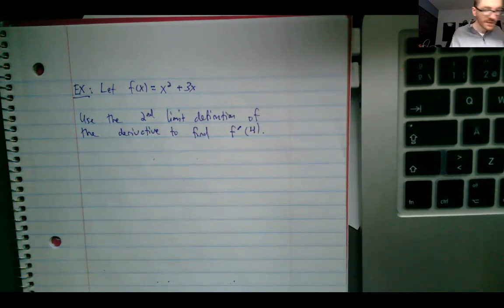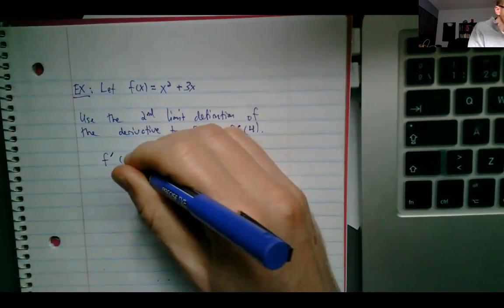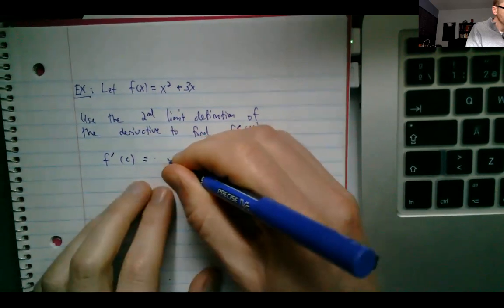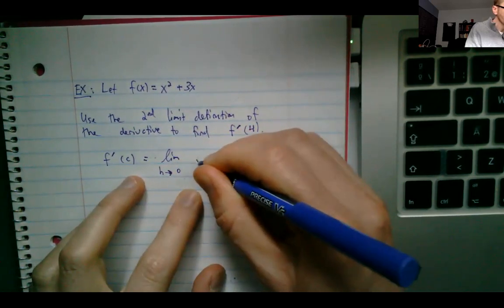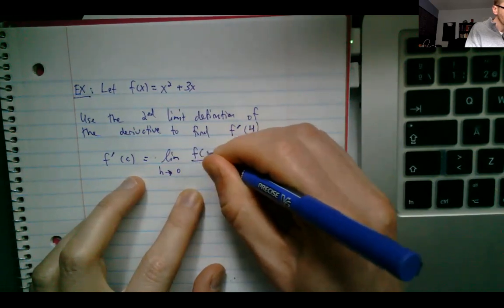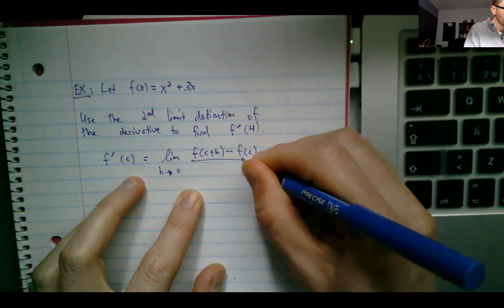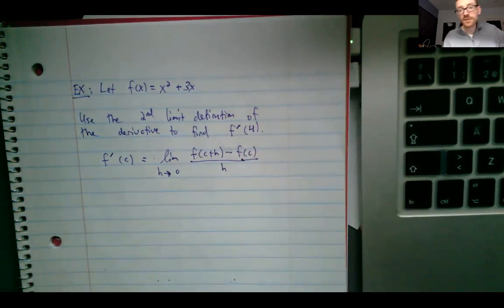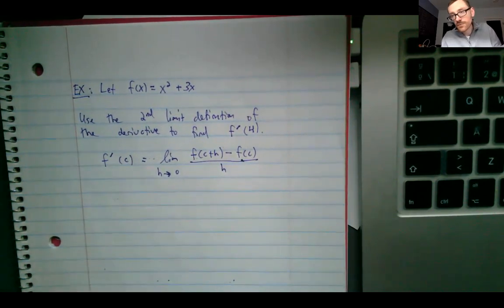Okay, so let's recall. What is the new definition? It says that f prime of c is the limit as h approaches 0 of f of c plus h minus f of c all over h. That is the new limit definition, right? But of course, I don't want the derivative at some mystery point c.